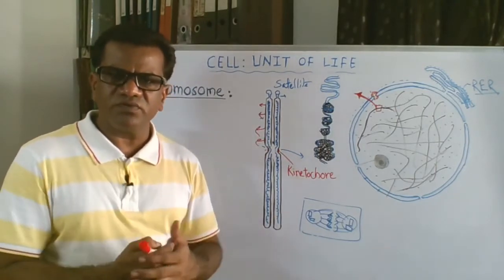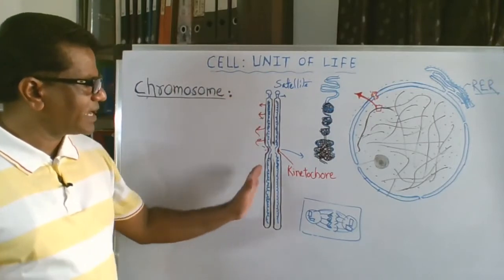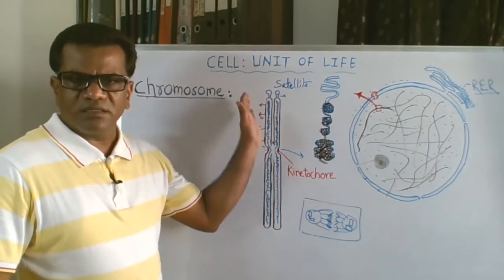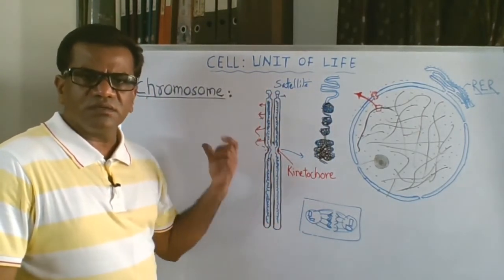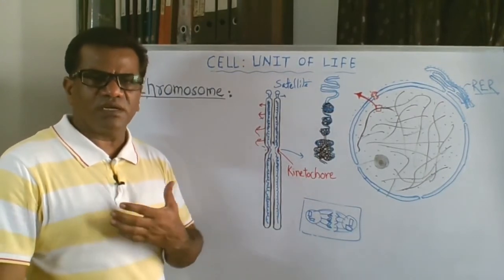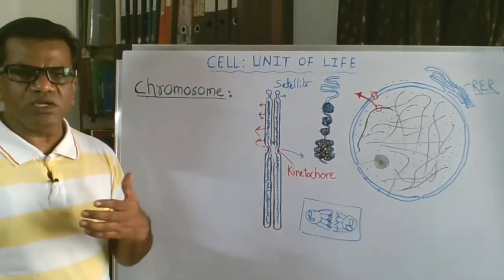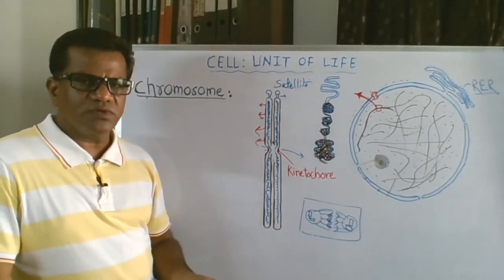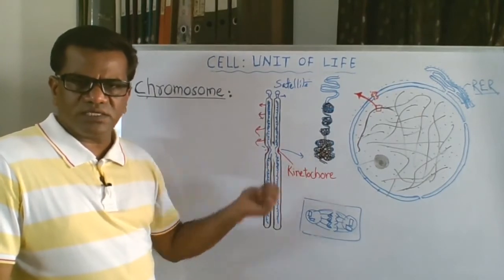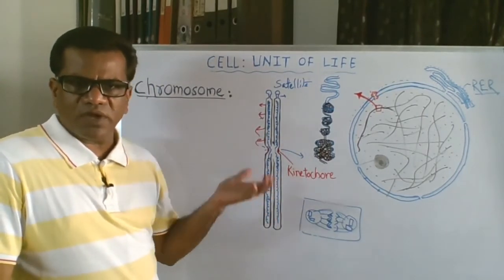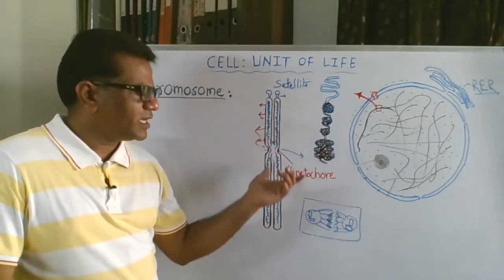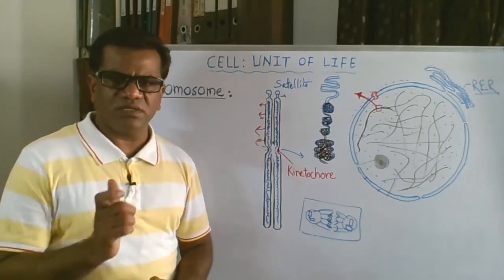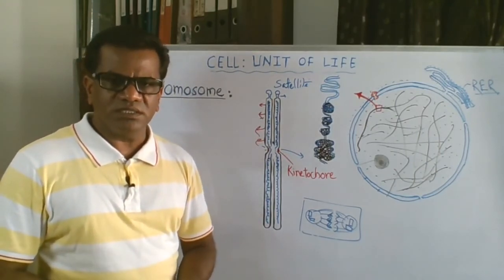We covered the structure of chromosome, chromatids, the primary constriction, kinetochore, satellite, the types depending on the centromere, like telocentric, acrocentric, submetacentric or metacentric chromosomes, then autosomes and sex chromosomes, ploidy level, haploid, diploid, tetraploid, hexaploid, and the carriers of genes, their function. So this is about the chromosomes.